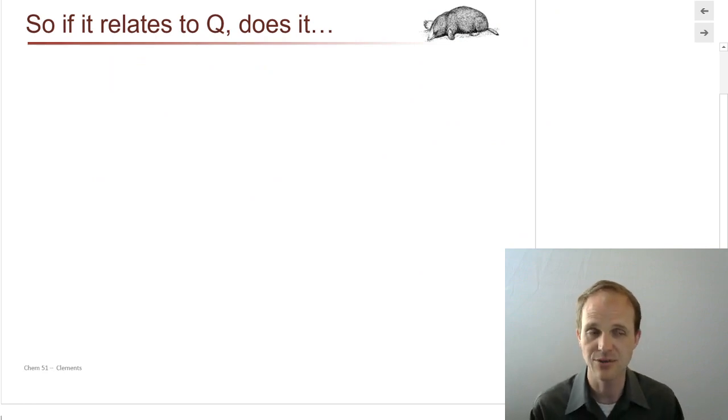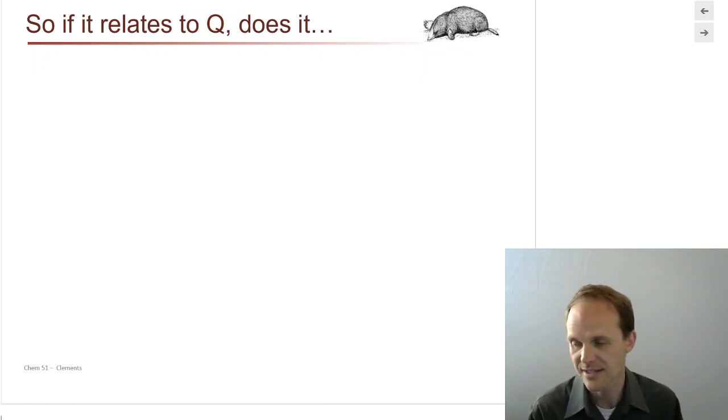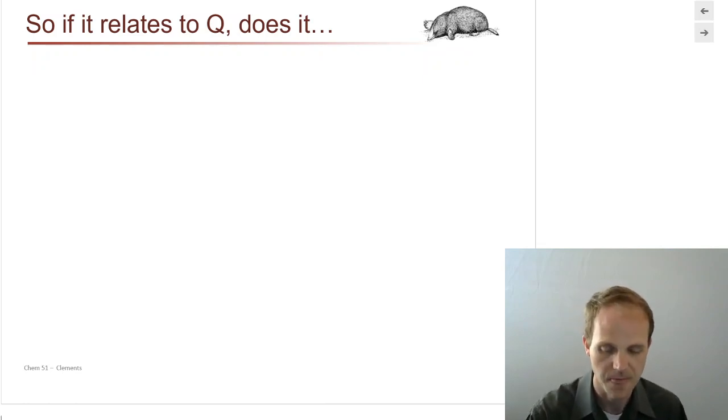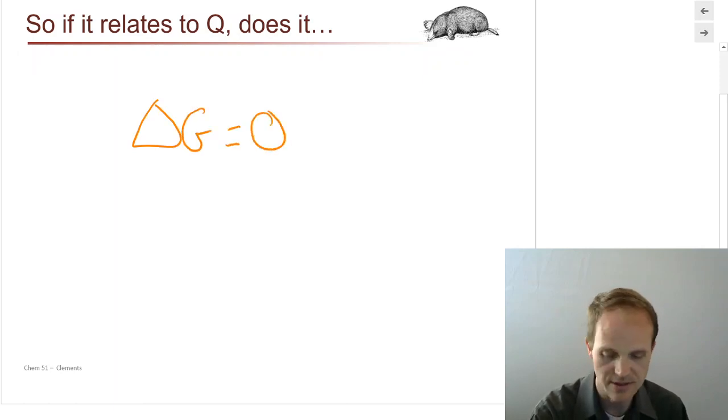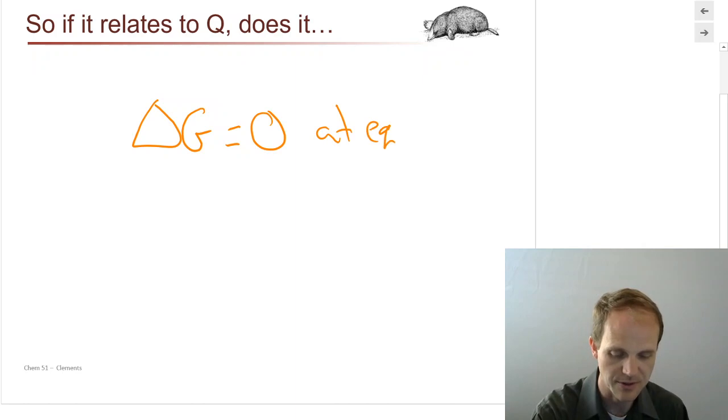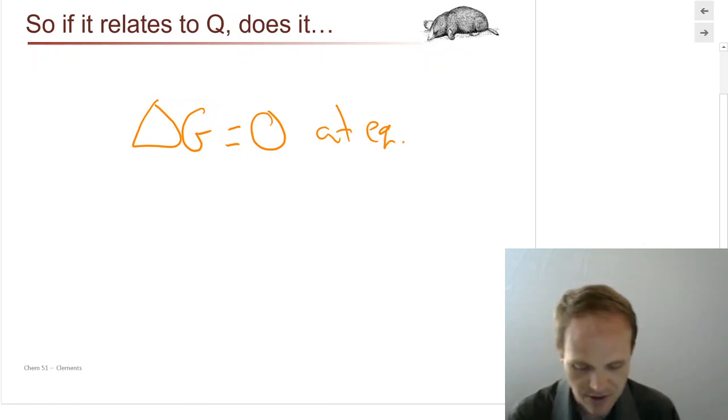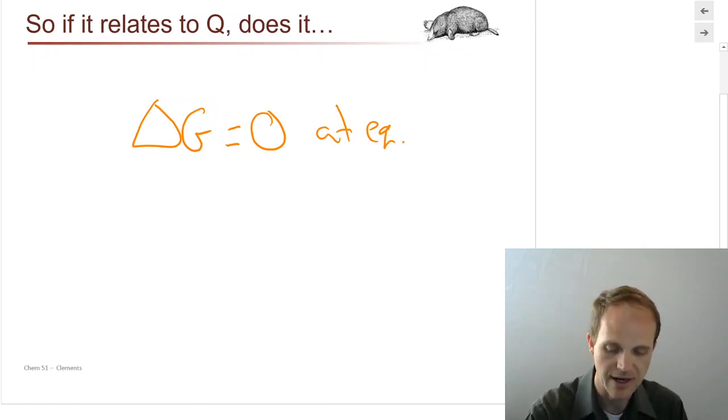If it relates to Q, right, Q is our reaction quotient, and it was the same thing as K in terms of form, does this relate to K? Well, if you remember, delta G is equal to 0 at equilibrium. Delta G is equal to 0 at equilibrium. All right, and I don't have my circles there because it's not standard state.